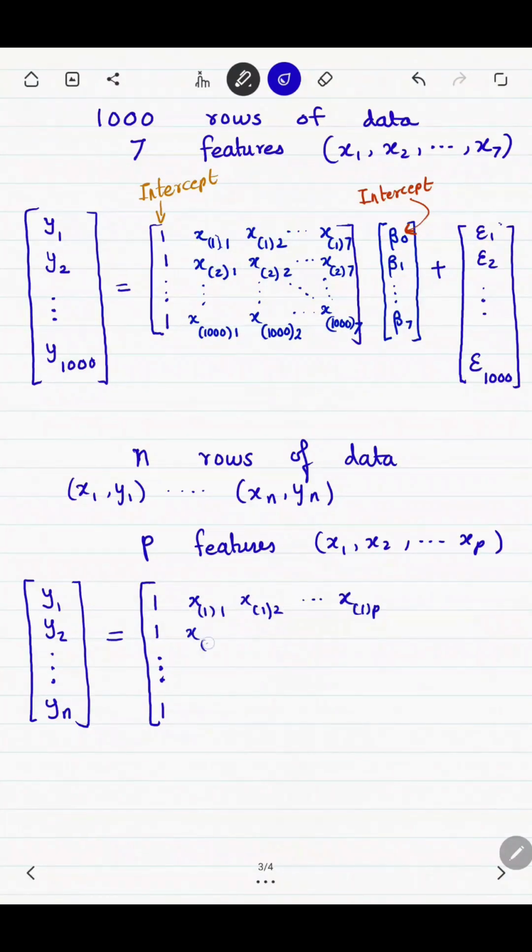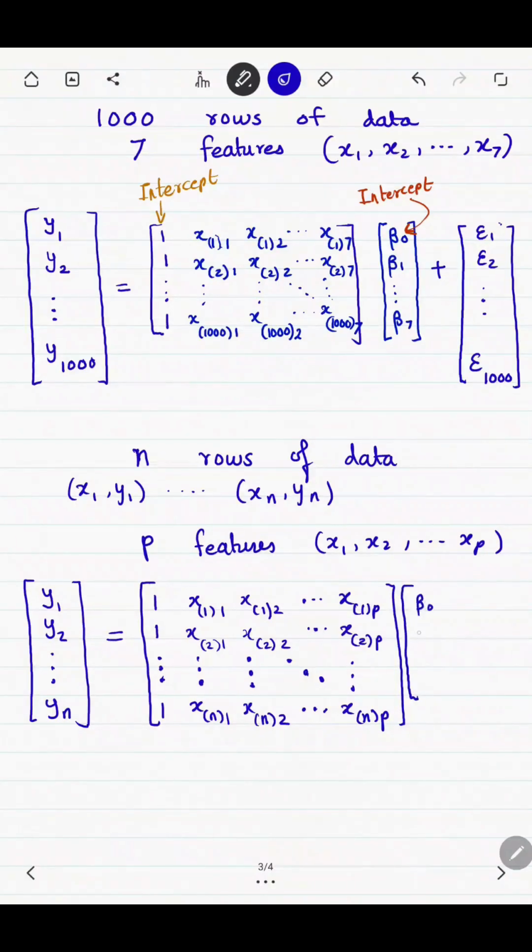In fact, there will be p plus 1 columns, because the first column will be all ones for the intercept, and then there will be p columns for the p features. So it will be an n cross p plus 1 dimension design matrix x, and then there will be the coefficient column vector, which is beta. It will have beta naught, beta 1 up to beta p, and in addition we'll have the error vector, that is epsilon 1, epsilon 2 up to epsilon n for the n data points. In the next video, we'll actually try to solve this.